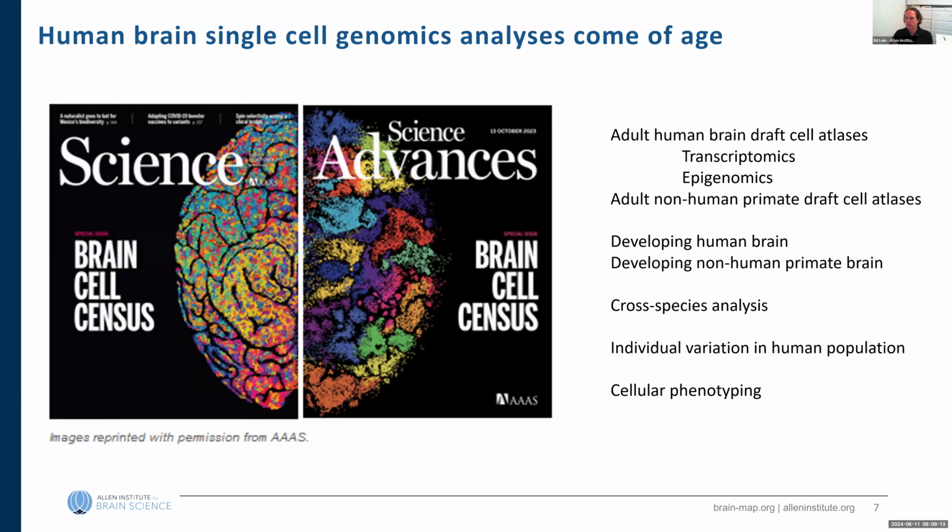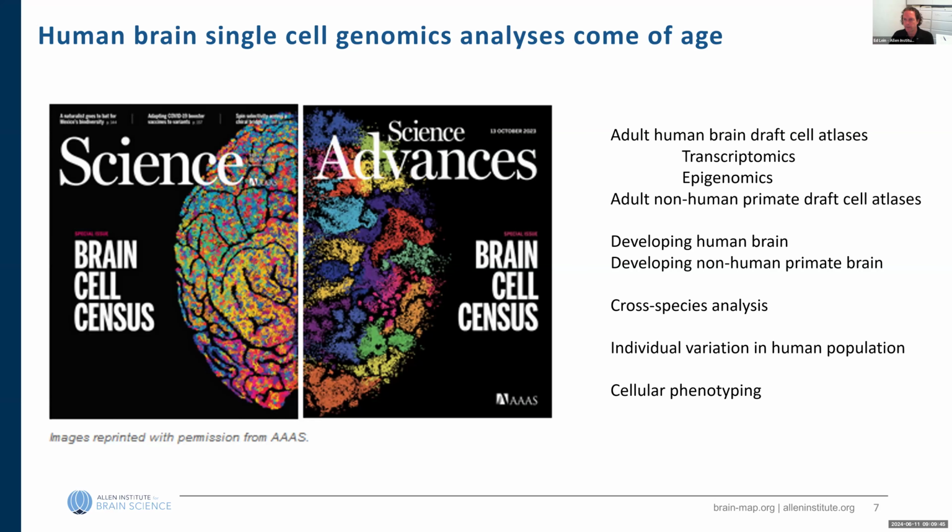It's really remarkably led to the first draft of an entire human brain cell atlas, as well as similar efforts in non-human primate, also efforts in development, in comparing across species, in understanding variation across individuals, and in characterizing the properties of these cells. So this is really a landmark achievement of the power of these techniques to be able to begin to characterize very large, complex brains with these methods.